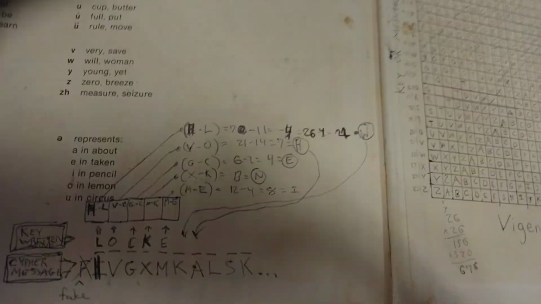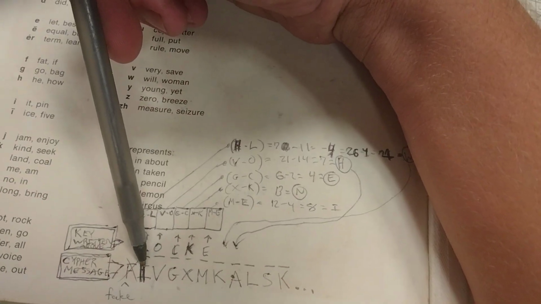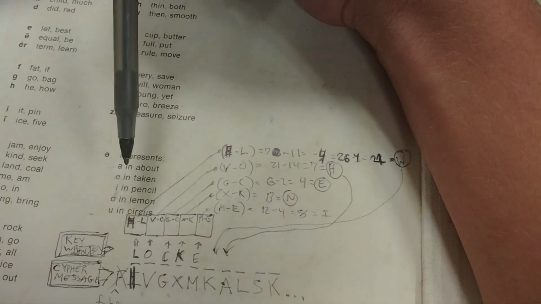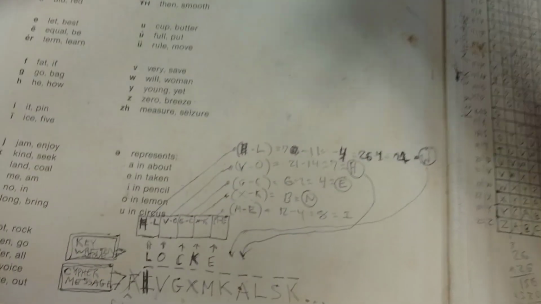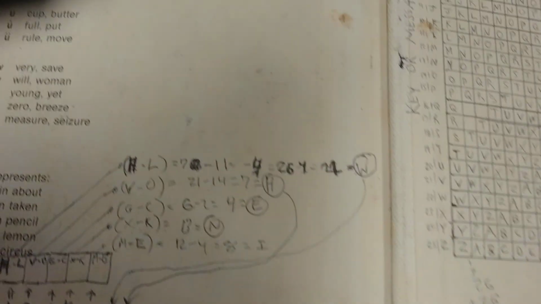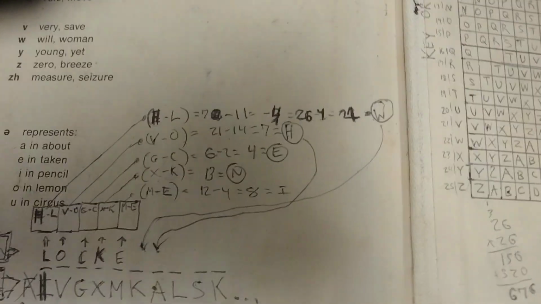Then what you do is, you go H, you go this minus this, see? H minus L. Well, H minus L, that's where this comes in.